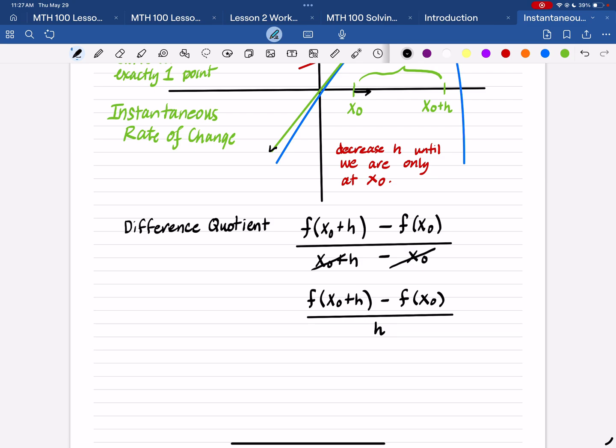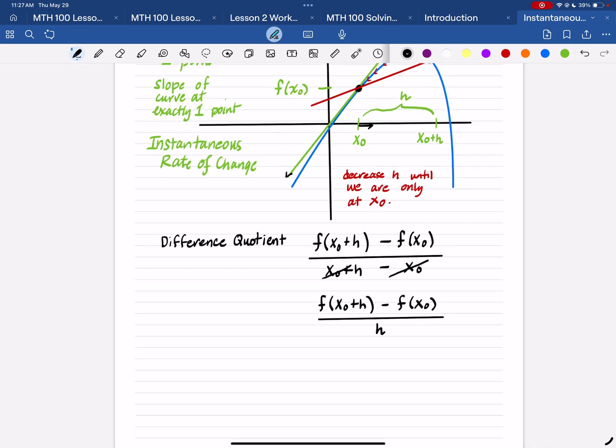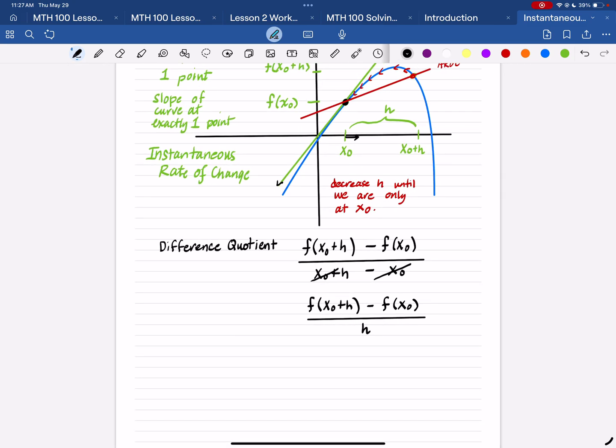Now what we're going to do is look at what happens when we let the h value get smaller and smaller, and ultimately we want to find it when h is exactly 0. We'll talk about that in another section, but we're going to do a limit and let h go to 0.